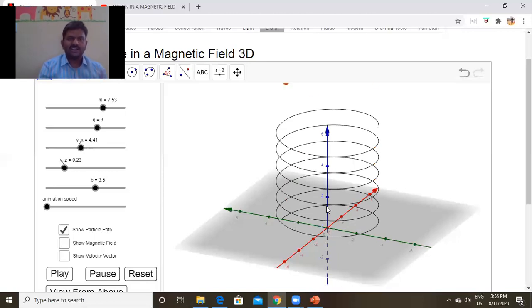Using these relations, the expression for force is arrived. Okay, we will see a video.